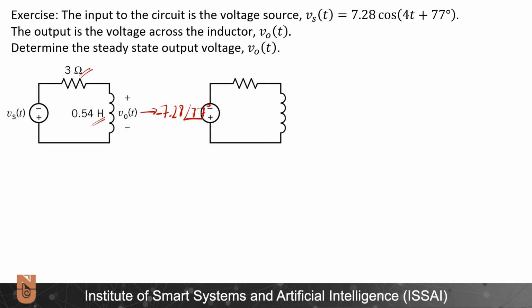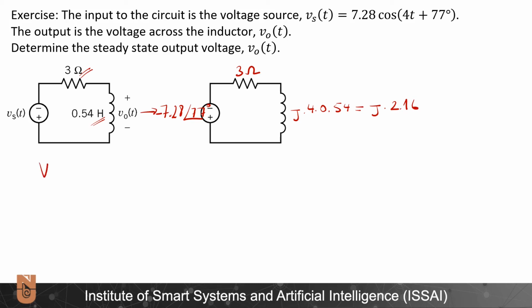Then I can convert the 3 ohms to an impedance, which is 3 ohms. And I can similarly create the impedance for this 0.54 Henry. So that will be J times 4 times 0.54, and this will be equal to J times 2.16.